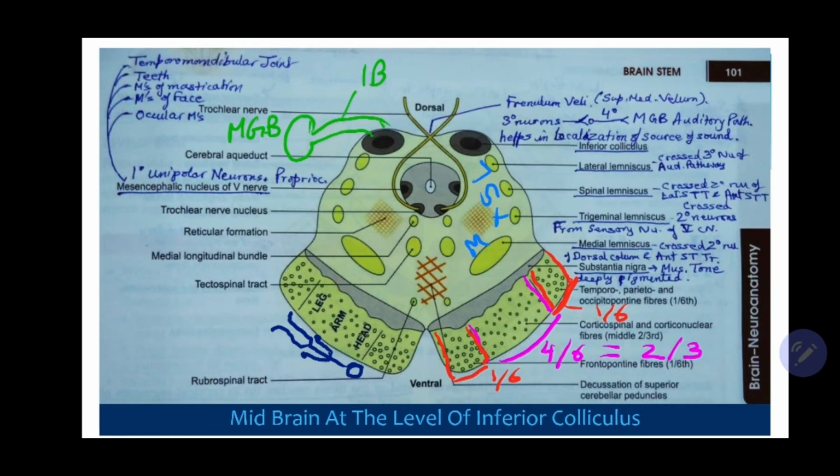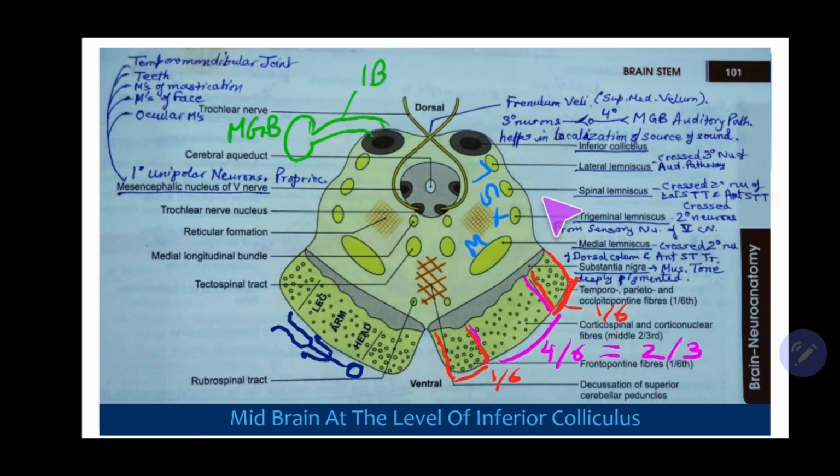The second order neurons of V1, V2, and V3 all bring sensations to this nucleus at the upper level of the pons. From there the second order neurons decussate, reach the opposite side in the pons, and ascend as the trigeminal lemniscus. Got it? So that is the trigeminal lemniscus, the second order neurons from the sensory nucleus of the trigeminal nerve.